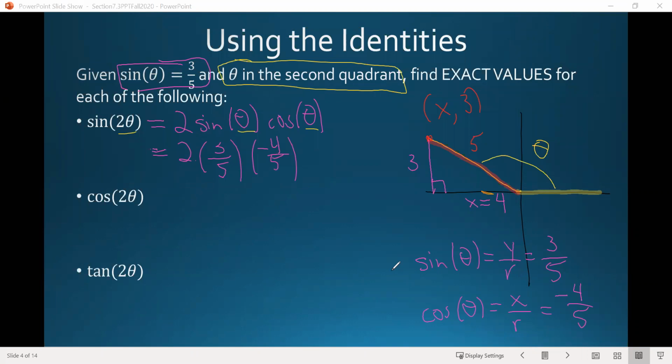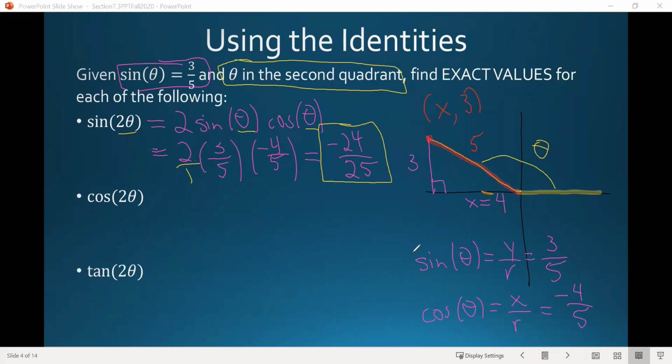So we have 2 times 3/5 times negative 4/5. Can make that 2 a 2 over 1. We multiply straight across. 2 times 3 times negative 4 should give us negative 24, over 1 times 5 gives us 25. So the value of sine of 2 theta would be negative 24 over 25.